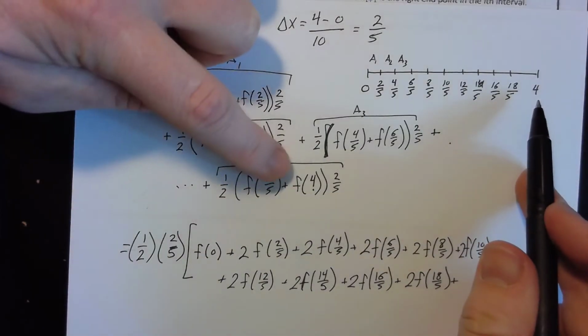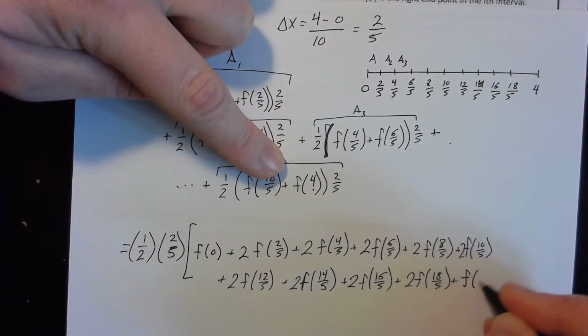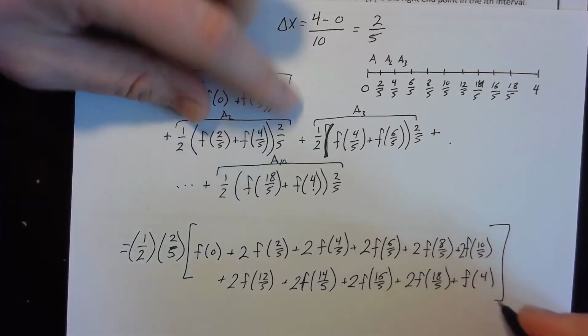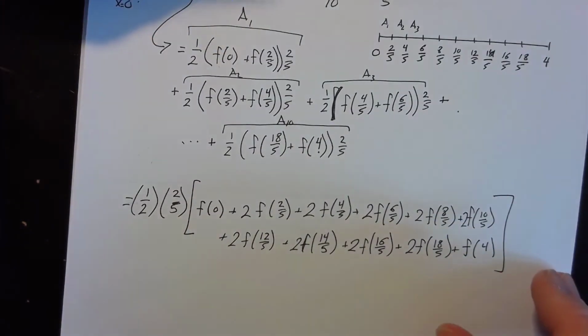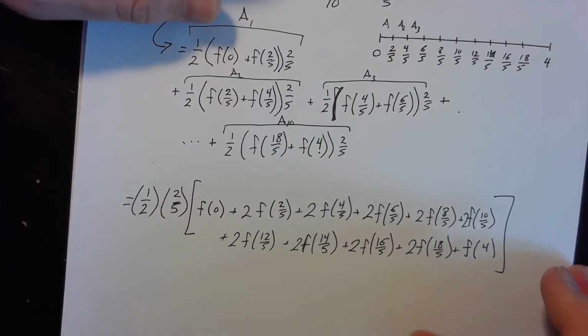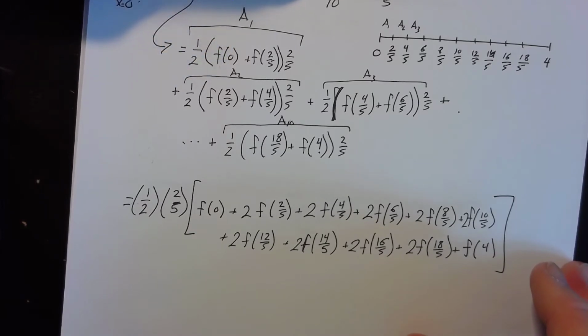Remember, there's no 2 on that term, so it's just a single f of 4. So this provides us with a way to condense and simplify how we evaluate certain functions.